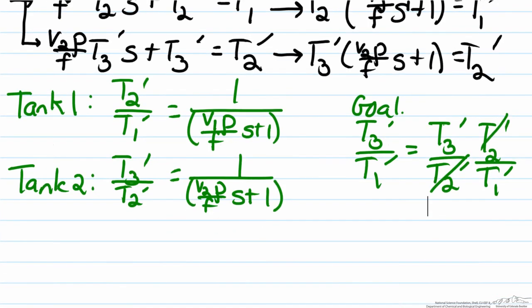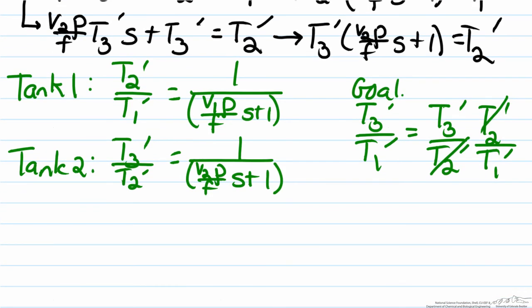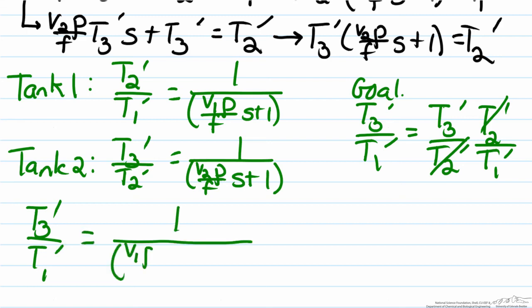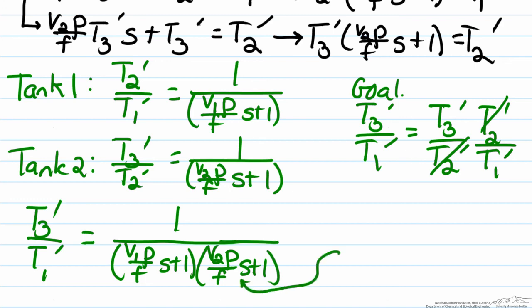So when we do this, we can see the fact that T3 prime over T1 prime equals 1 divided by (V1 rho over F)s plus 1 multiplied by (V2 rho over F)s plus 1. And what you'll notice here is the fact that we don't have to factor this out, but we now have an s squared term in the denominator, which means that we have a second order transfer function.